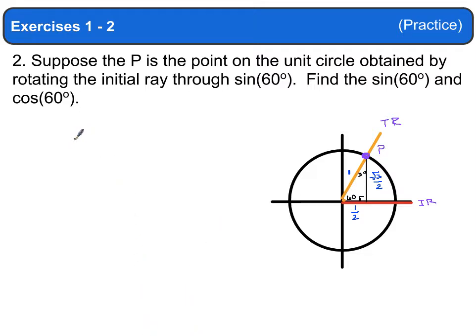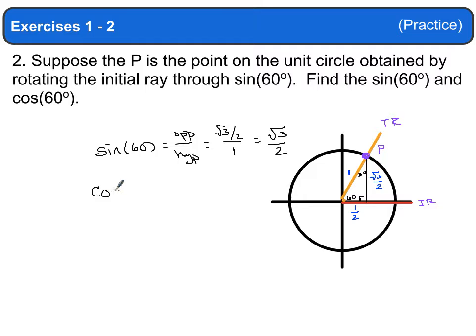And so if we wanted to know the sine of 60 degrees, again, remember sine is opposite over hypotenuse. So the opposite of 60 would be the square roots of 3 over 2. The hypotenuse is 1. So therefore we get the square roots of 3 over 2.